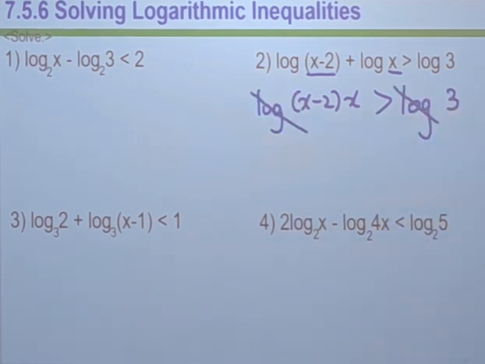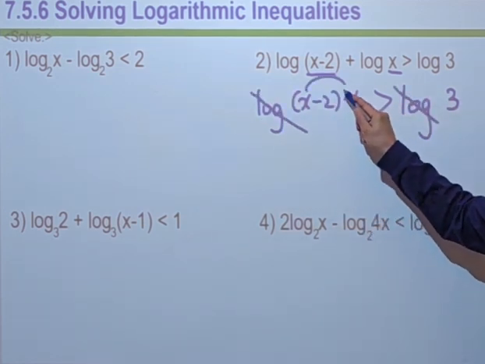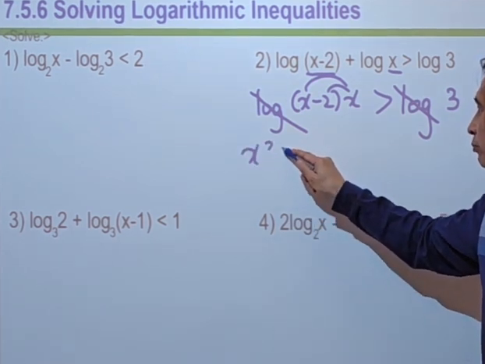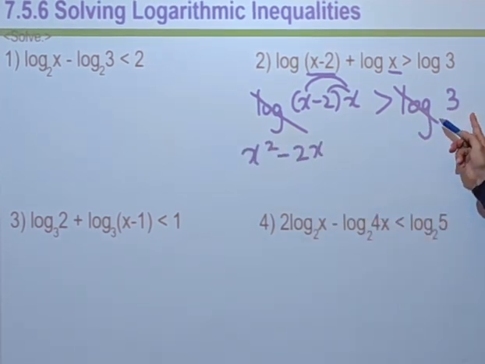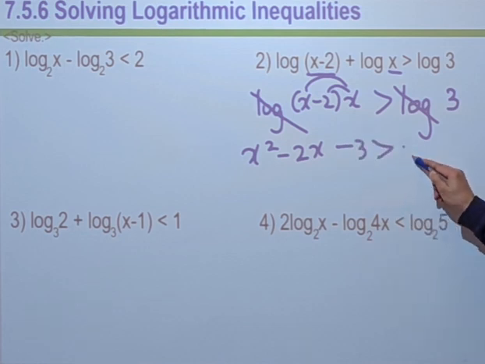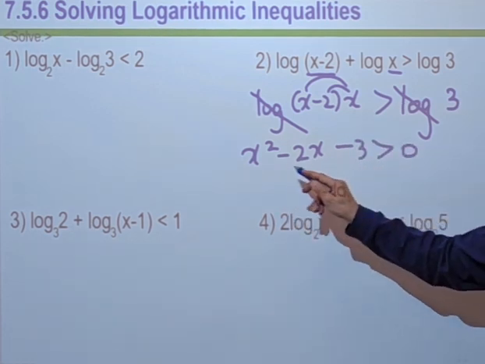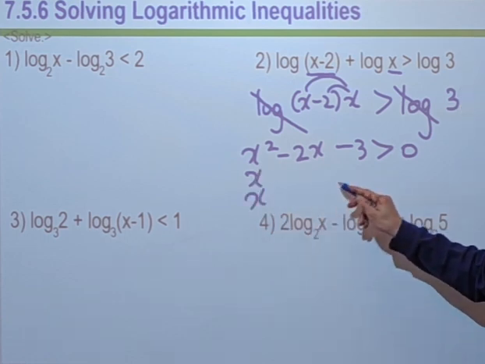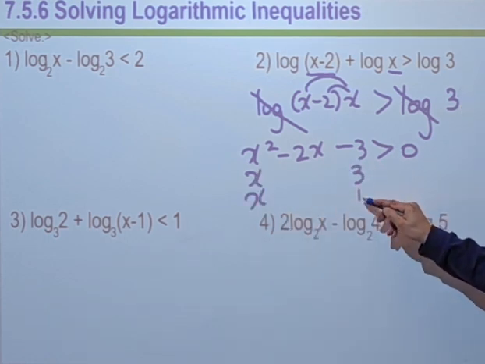Then this becomes a quadratic inequality. So I distributed: x squared minus 2x is bigger than 3, but you need to make one side 0 to solve a quadratic, right? Now you can factor this one, x here, and this 3 and 1 here.